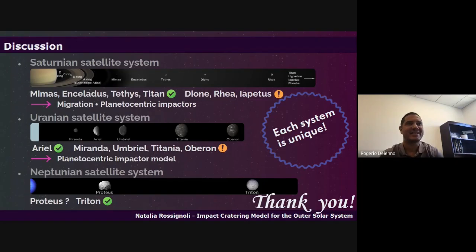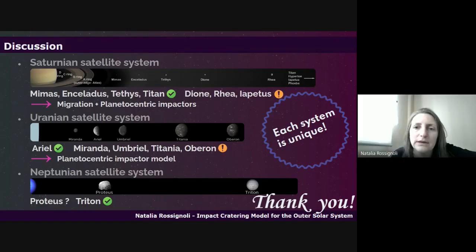So for the Saturnian satellites, when you put migration plus planetocentric, you're talking about the migration of the satellites, or the migration of the giant planet? Orbital migration of the satellites, because there are works that model this migration to be very important. For example, for Titan, there is a work by Shane Fuller from 2016, I believe, that gives a rate of 11 centimeters per year for Titan.